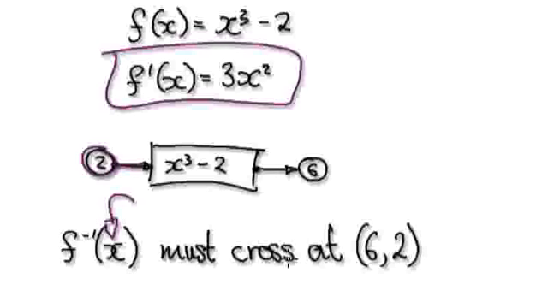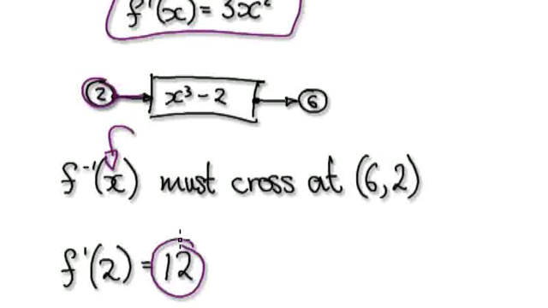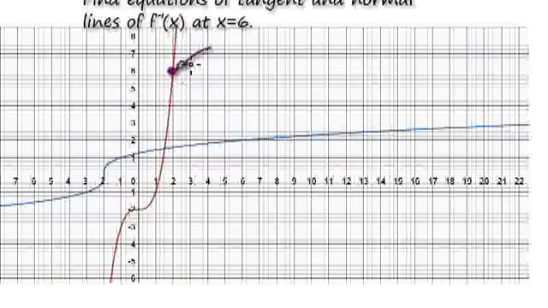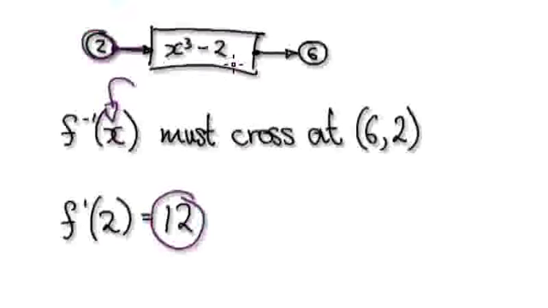If you put 2 into here, the gradient is 12. So the gradient at 2 here is 12. Are you following this? So the gradient here is 12.